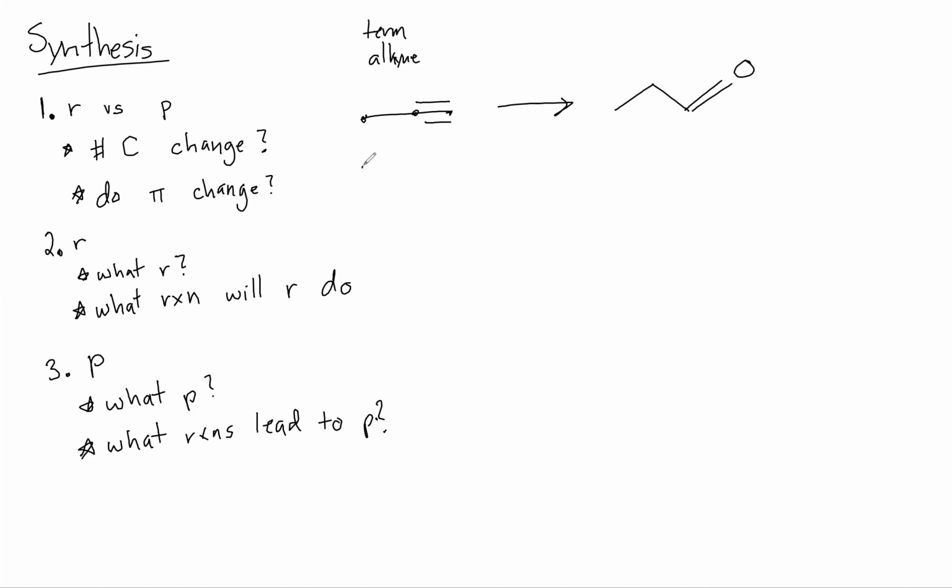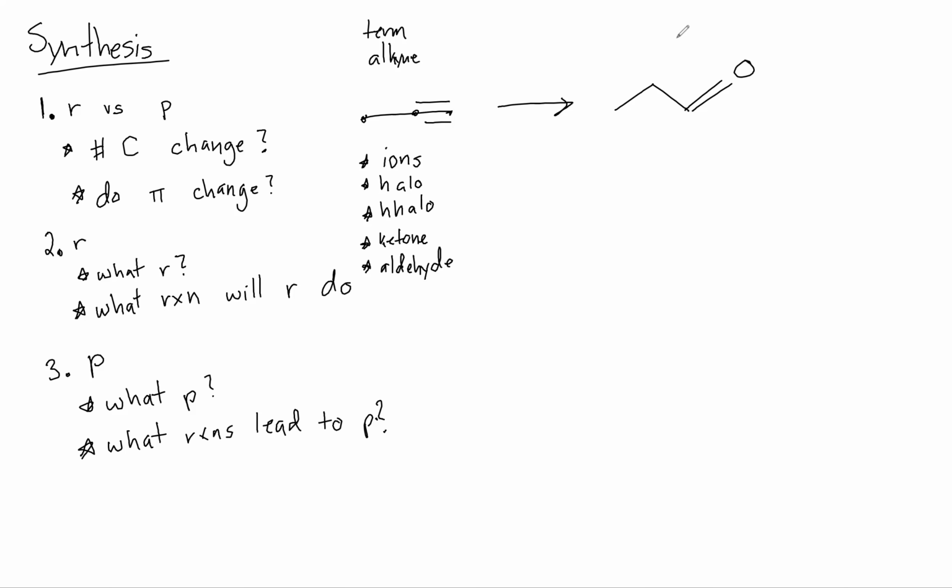We know terminal alkynes can create acetylide ions if we need more carbons. We can also do halogenation and hydrohalogenation, and we can make a ketone by doing hydration using an acid, or we can make an aldehyde using hydroboration oxidation.